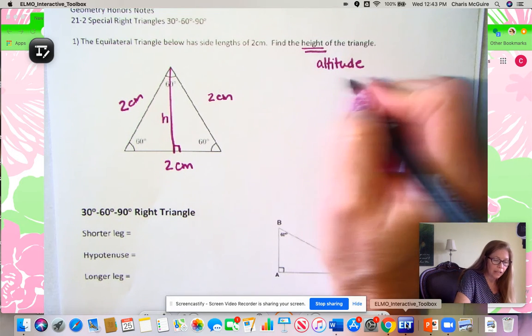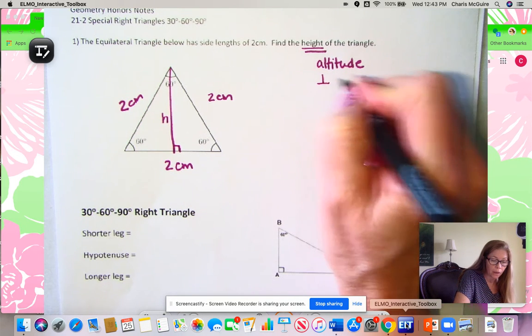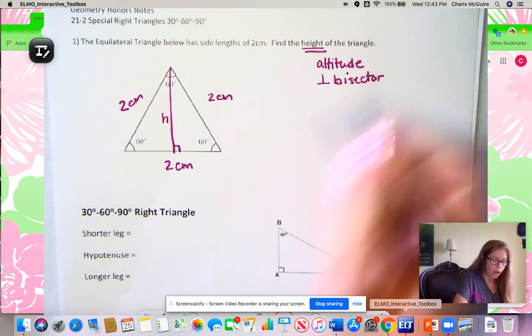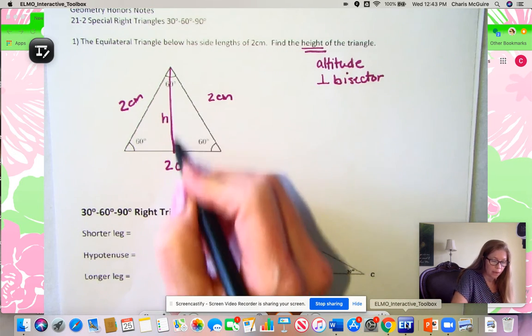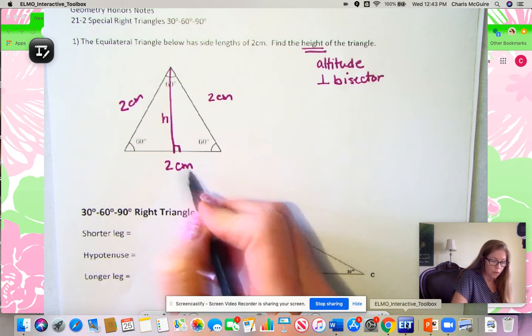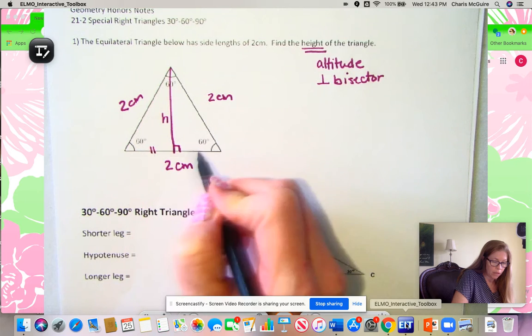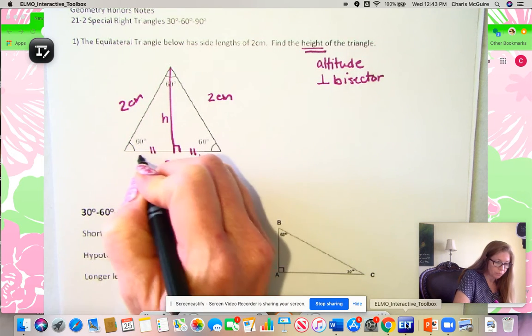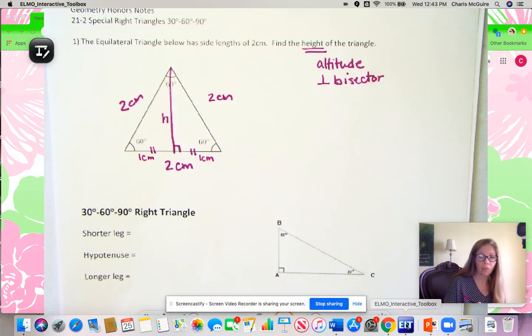And so hopefully you're thinking of a perpendicular bisector. So that means that, yes, it is bisecting this side here. So instead of 2 centimeters, we know that both of these are congruent to one another and they're 1 centimeter apiece.